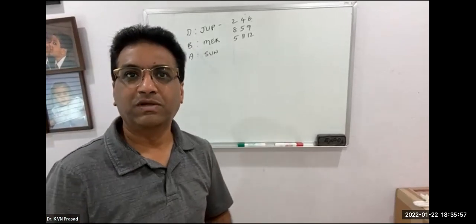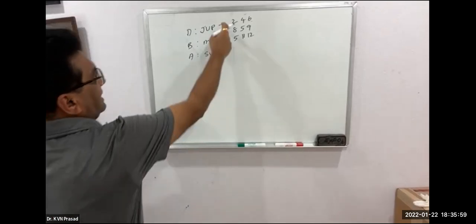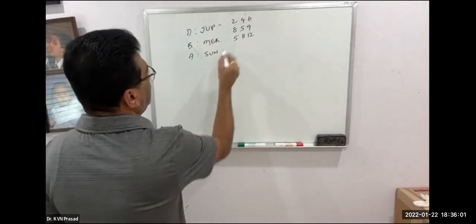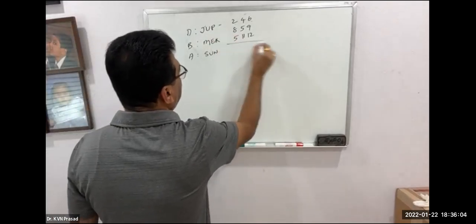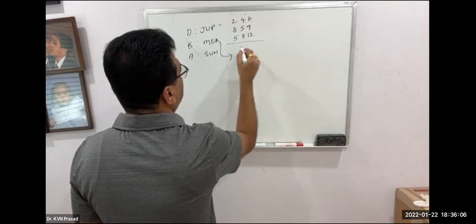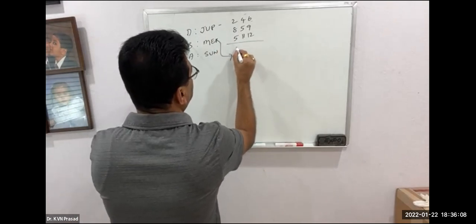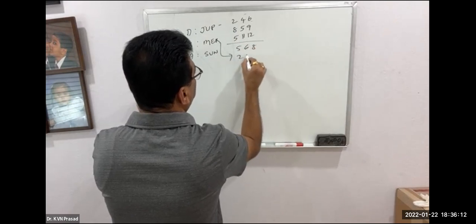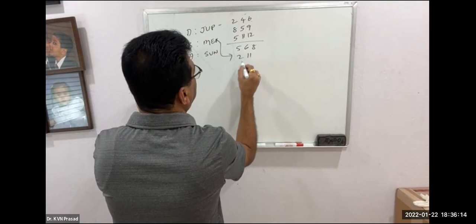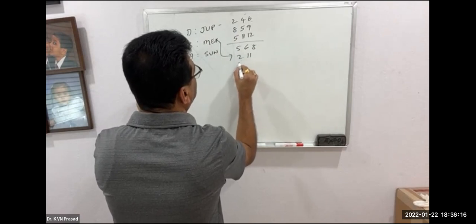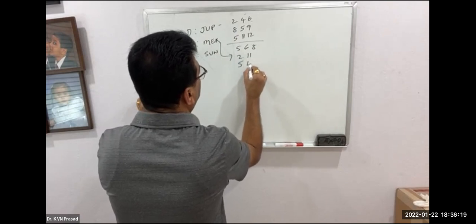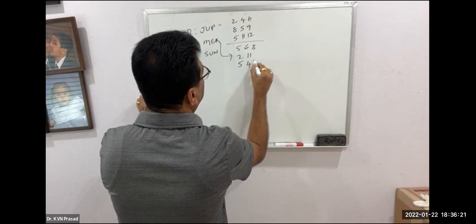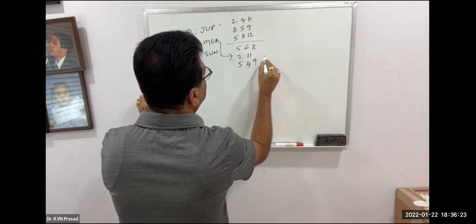Okay, something like this. Let's say for Mercury, you have 5, 6, 8, 2, 11. And then 5, 4, 9.